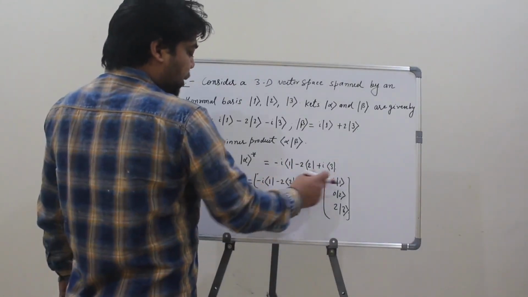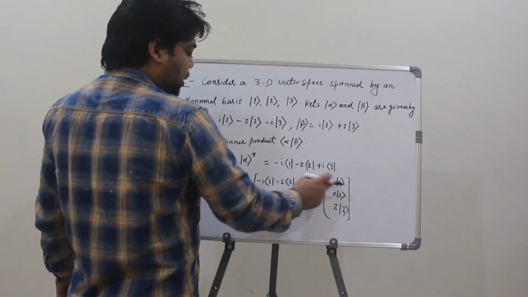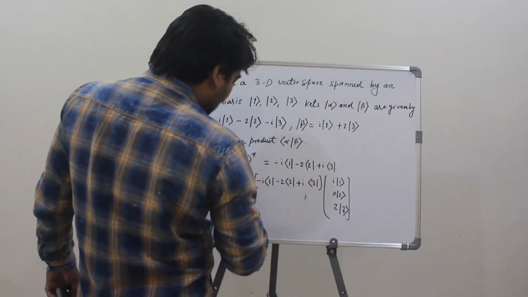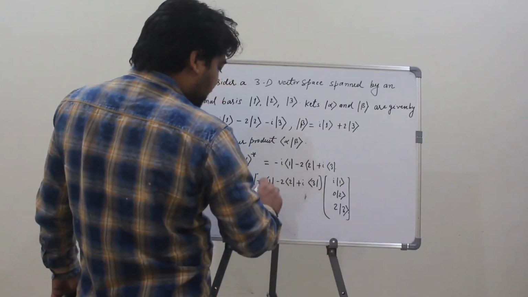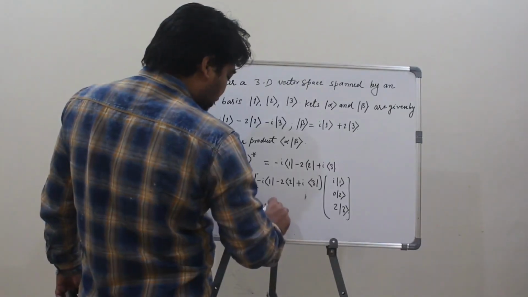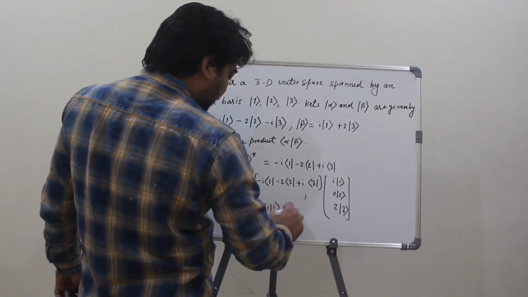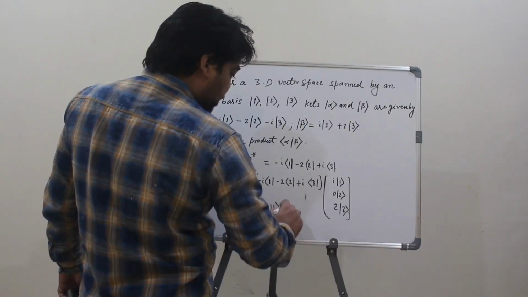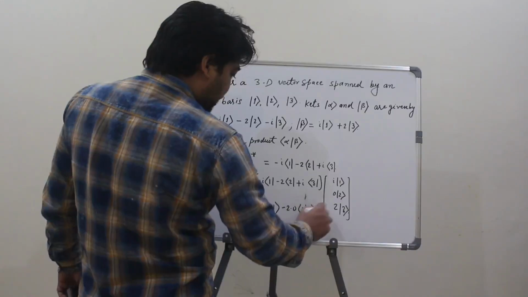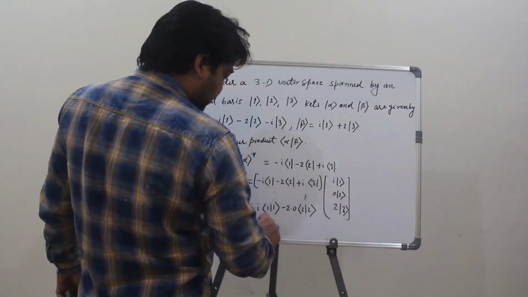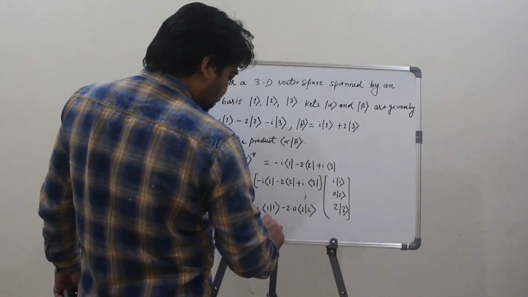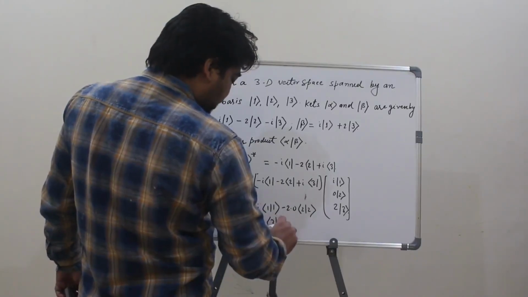So the only terms which will appear are <1|1>, <2|2> and <3|3>. What it will give you is minus i multiplied by i <1|1>, then minus 2 multiplied by 0 <2|2>, and then i multiplied by 2 <3|3>.